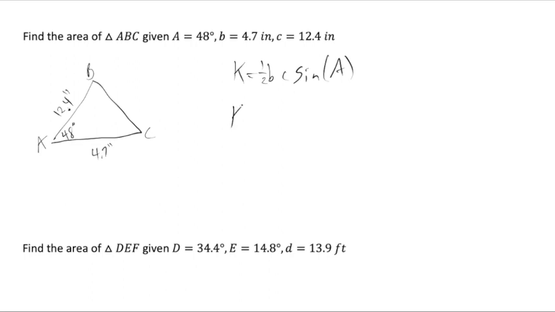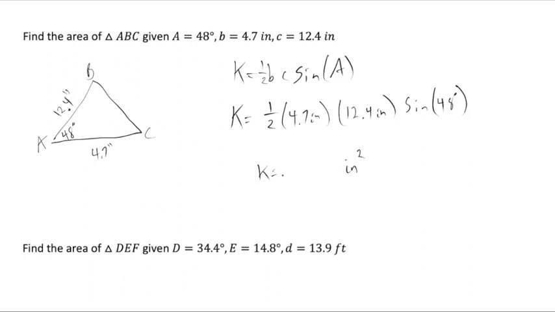So this is going to be K equals 1/2 times B, which was 4.7 inches, times C, which was 12.4 inches. Notice I'm putting the units in here to help us remember that we are going to have a squared unit for area. Inch times inch gives me the unit of inch squared.